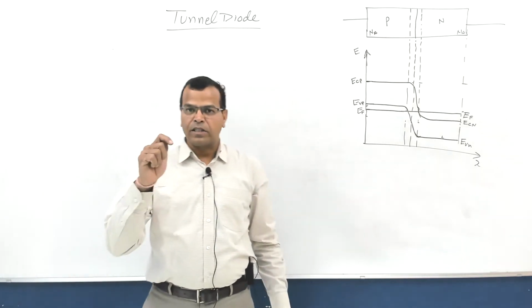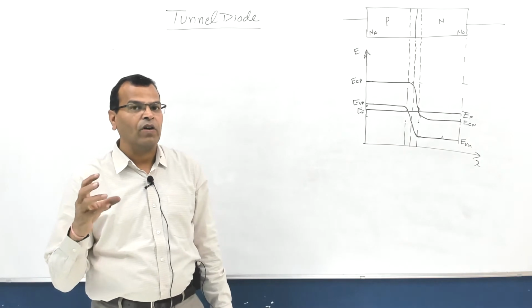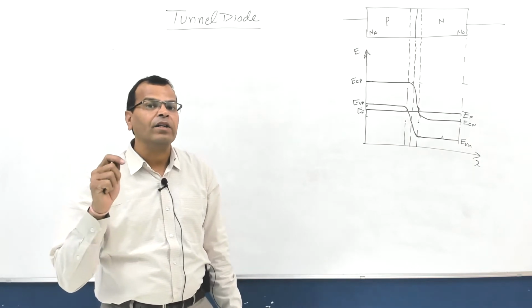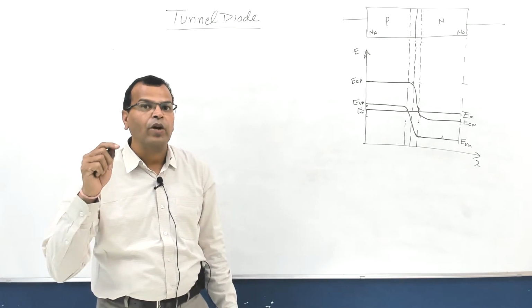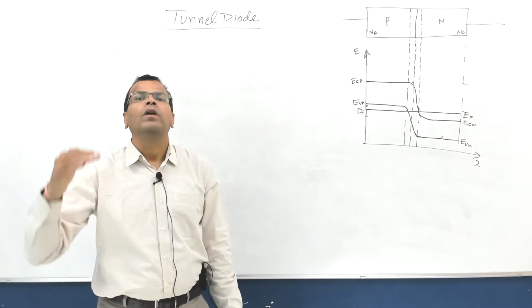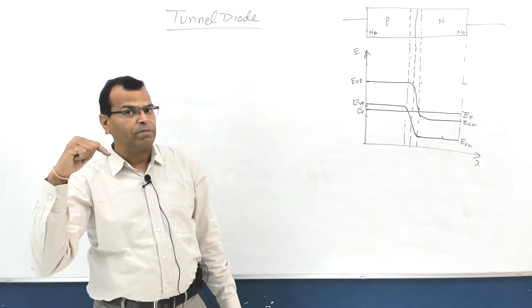When the P and N sides of a PN junction, please try to recall the Fermi levels. When the P and N layers of a PN junction diode are heavily doped, what happens? The Fermi level on the P side enters into the valence band.